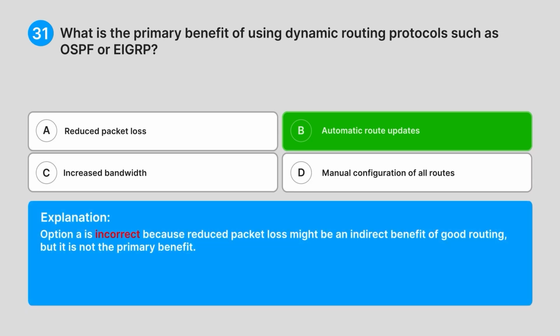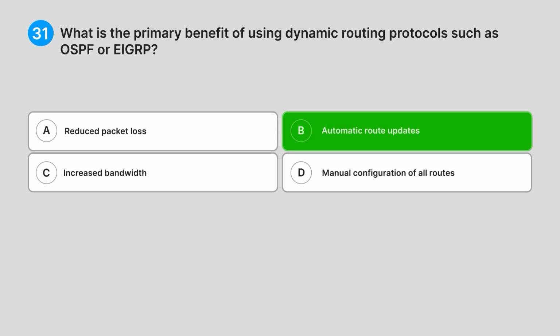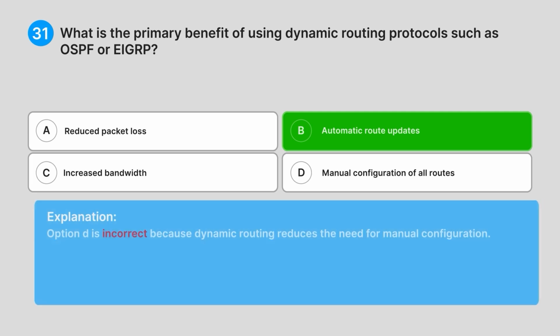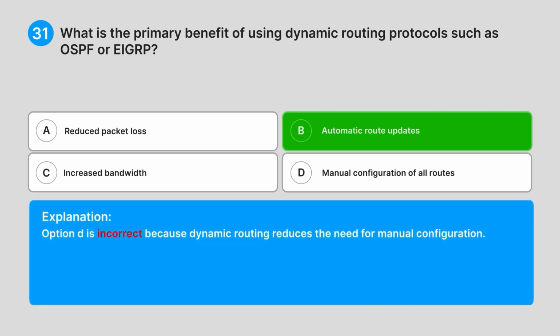Option A is incorrect because reduced packet loss might be an indirect benefit of good routing, but it is not the primary benefit. Option C is incorrect because increased bandwidth is not a direct benefit of the routing protocol itself. Option D is incorrect because dynamic routing reduces the need for manual configuration.